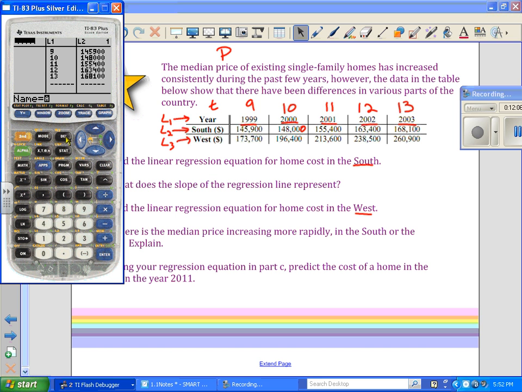The name of it, you have to call it L1, L2, L3, L4. You could give it a different name if you wanted to call it, you know, price. Then you can do that as well. But if you want to be able to recall it under our list button, well, we have all of these right here. You don't know what resid is. Take stats for that. Maybe Liz will teach you.